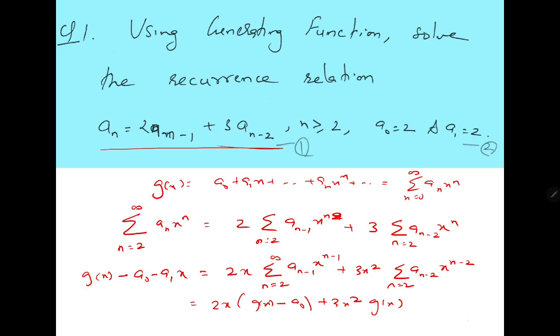Now I have been given the values of a_0 and a_1, so I must substitute the given values. So this becomes g(x) minus, my a_0 is 2, a_1 is 2, so g(x) minus 2 minus 2x.